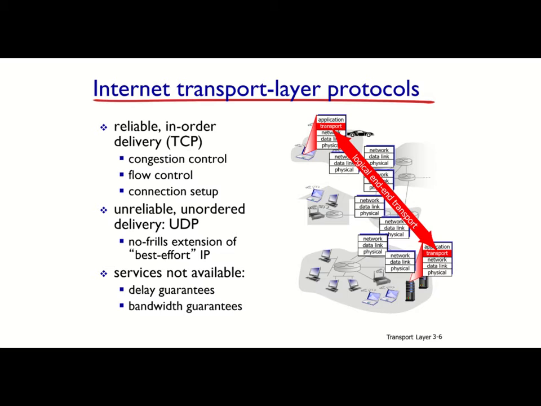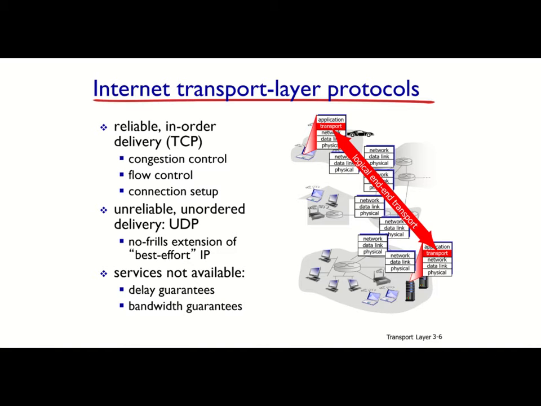However, UDP provides an unreliable and unordered delivery, and there is no frills extension of best effort IP. So the reliability that UDP provides is the same as the reliability that the third layer protocol, which is the network layer protocol IP, provides. And there are some services that neither TCP nor UDP provide.